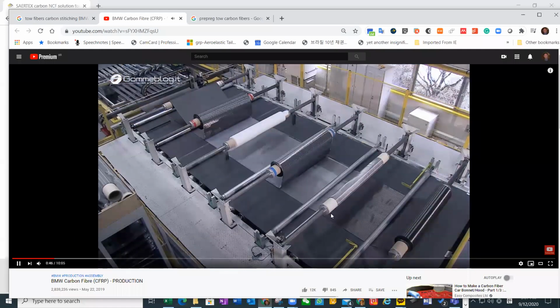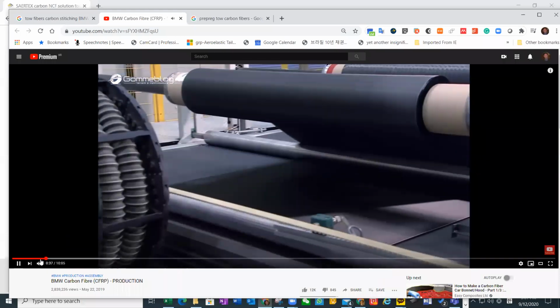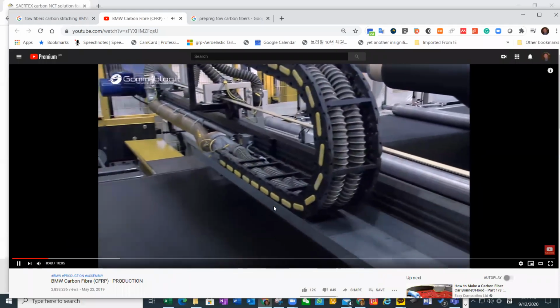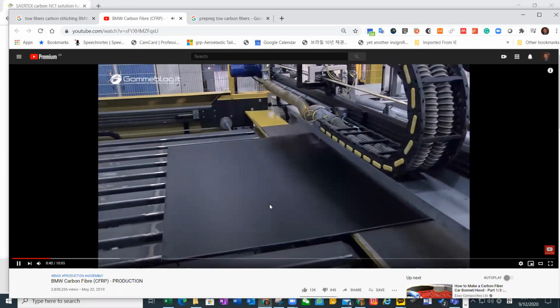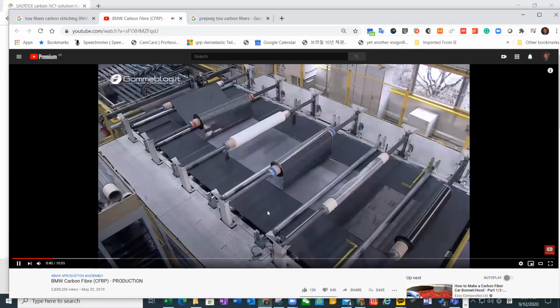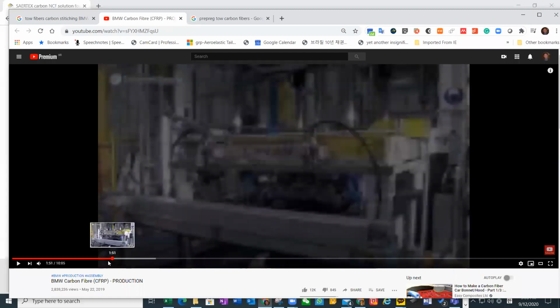As you can see, at each stage we have a different layer. I would like to emphasize that. Depending on the design, we have NCF, we have woven, and even with woven or NCF, we have different angles. So it's automatic layering, and of course we have a design.